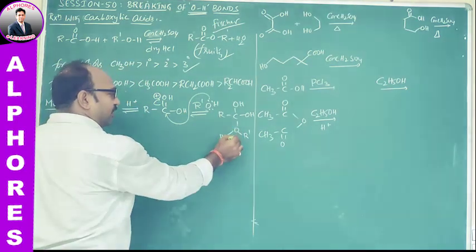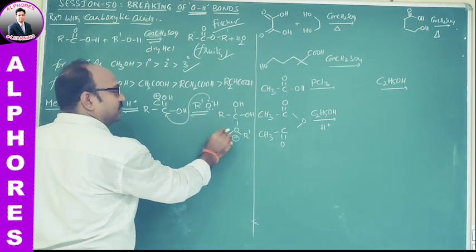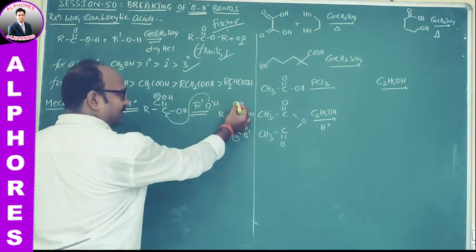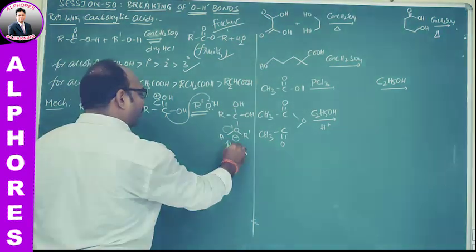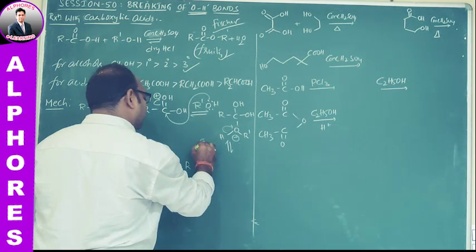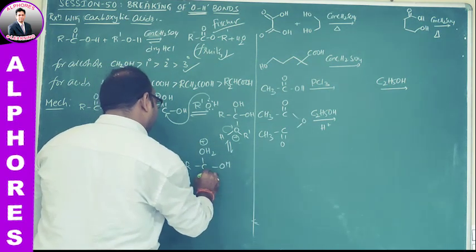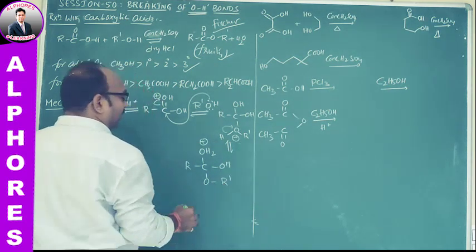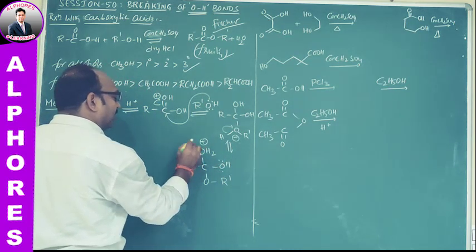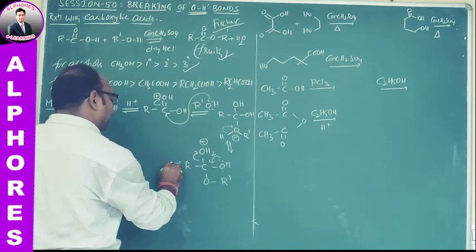Now, whenever the oxygen bears a positive charge, it immediately gives up H plus, which goes to either of the two OH groups, giving RC(OH2+)(OH)(OR'). Later, this carbon is again going to bear a positive charge, and the water group acts as a leaving group.